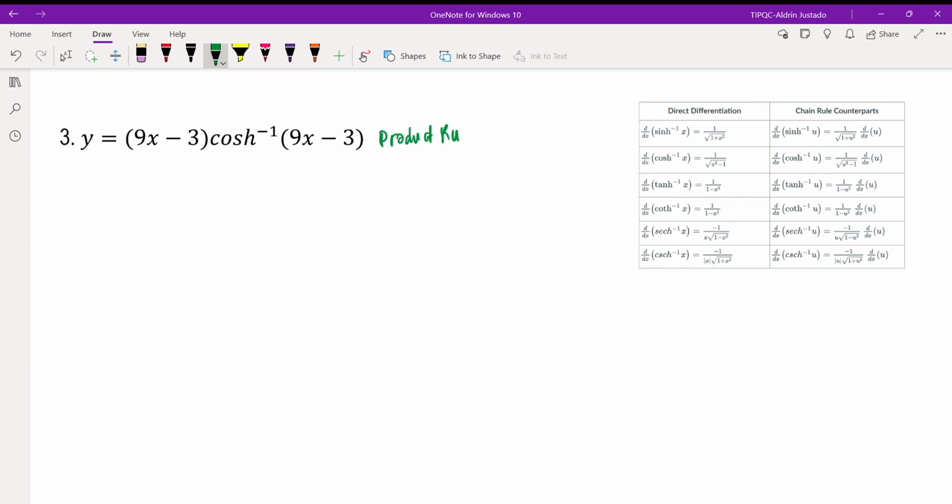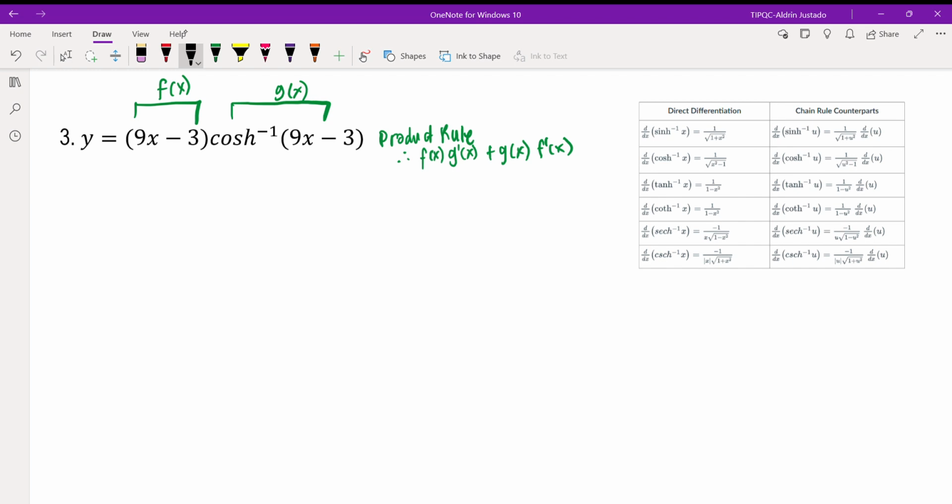Product rule of differentiation: the derivative of f of x times g of x is f of x times the derivative of g of x plus g of x times the derivative of f of x. We assume na ito ay yung f of x mo, then this term is your g of x. Okay? Product rule.